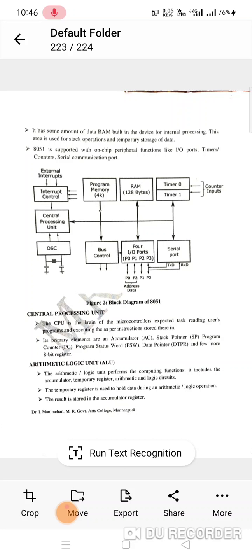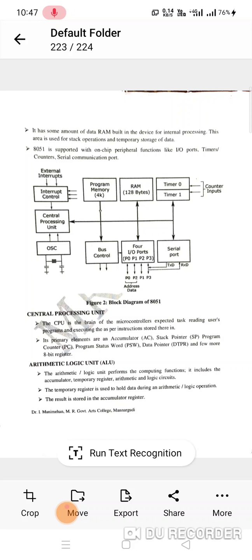So let us see the function of the main blocks, the central processing unit. The CPU is the brain of the microcontroller. It performs the task of reading the user's program and executing as per the instructions stored in it.